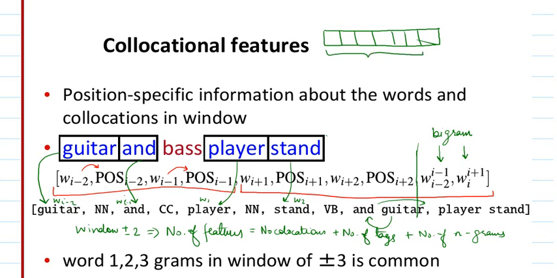These 6 are co-locations, and for a window size of 2, I will get only 2 bigrams, right? So this is the bigram of negative side and this is the bigram of positive side, right?